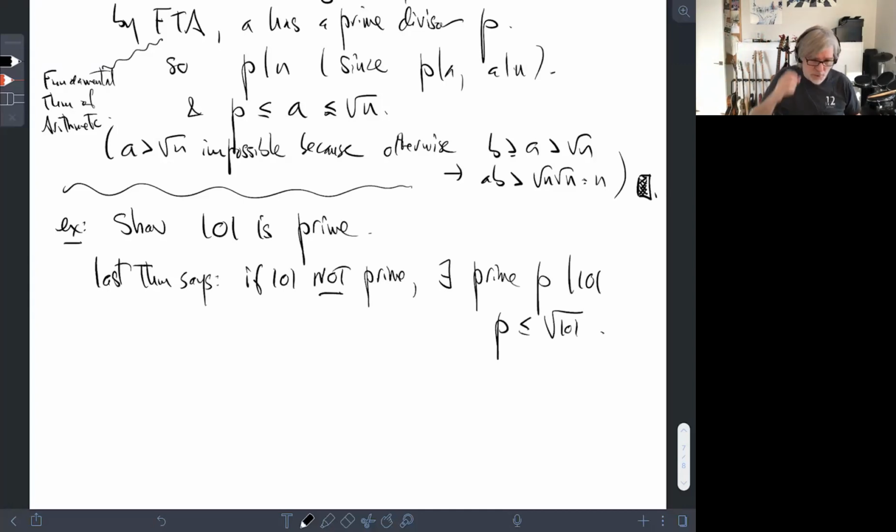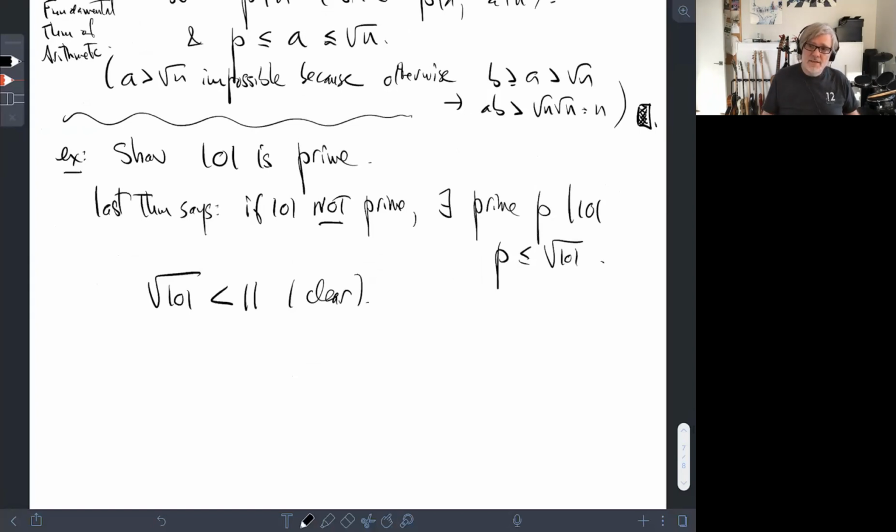What is root 101? Root 100 is 10. Root 101 is certainly less than 11. That's clear. And so if 101 has a prime divisor less than 11, it has to be either 2, 3, 5, or 7.